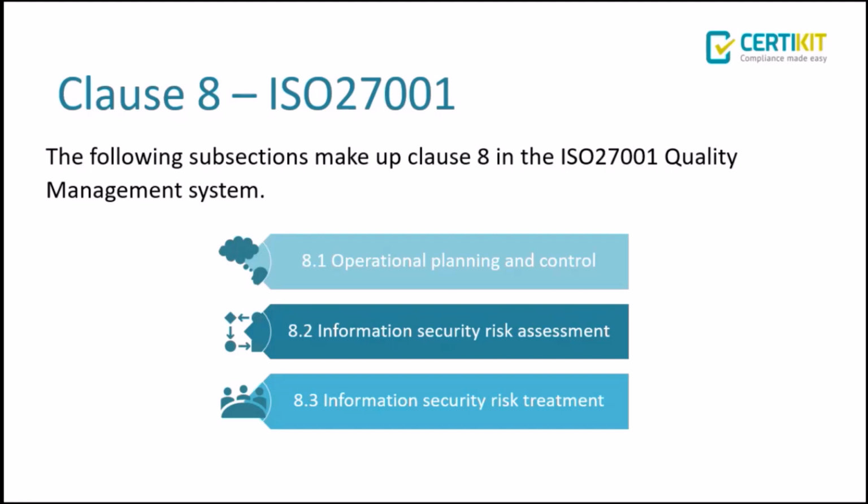Cheers, Jerry. So these subclauses collectively guide organizations in establishing an effective information security management system, which is crucial in protecting sensitive information from unauthorized access, breaches, and other security threats. And as Jerry says, risk assessment and risk treatment is what this standard is all about.